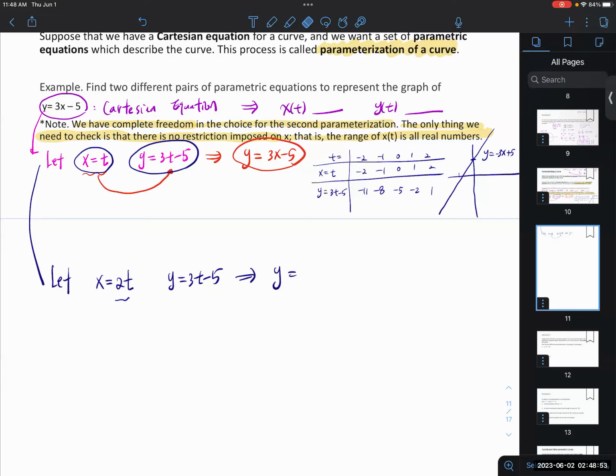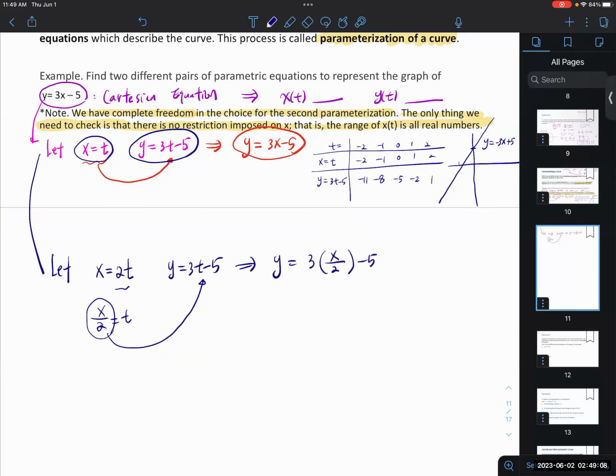So before we substitute, x over 2 equals t. Now you're going to plug this in here. So y equals 3 times x over 2 minus 5.